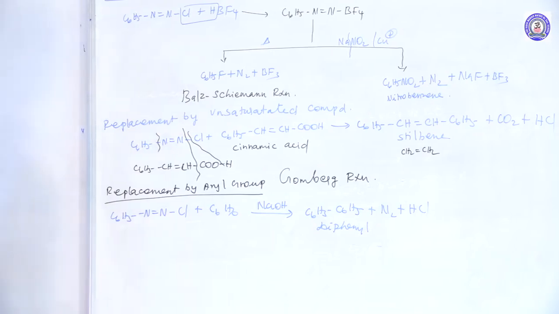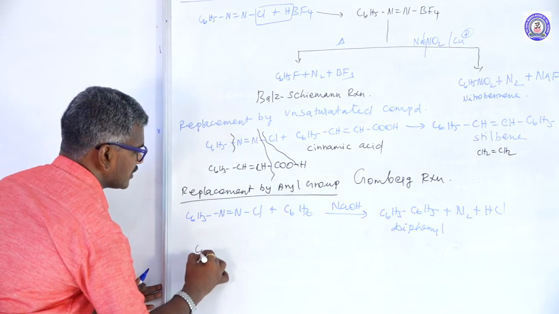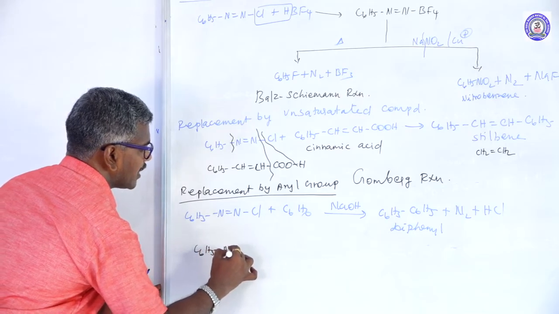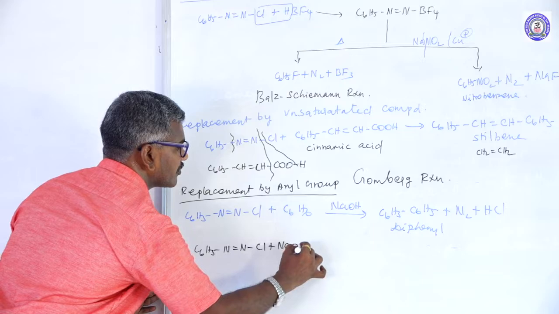How does this reaction take place? First, benzene diazonium chloride reacts with NaOH.